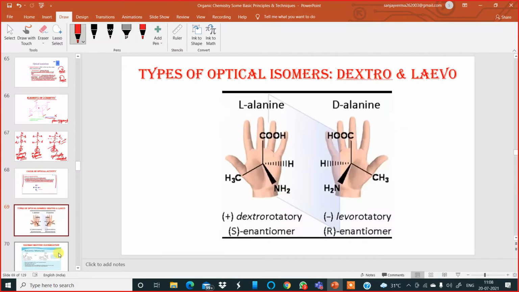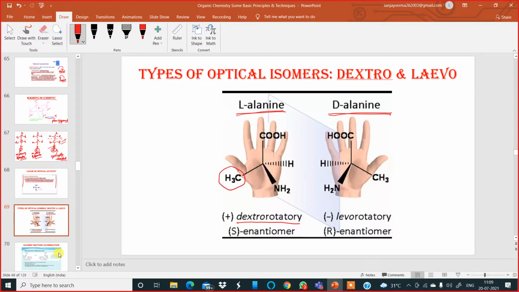After that, types of optical isomers: dextro and levo forms. Now, for amino acids, I have taken examples for you all. Look at the first one, L-alanine, D-alanine. This L-alanine is dextrorotatory. COOH, CH, NH2, CH3.